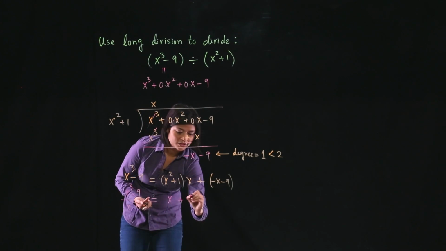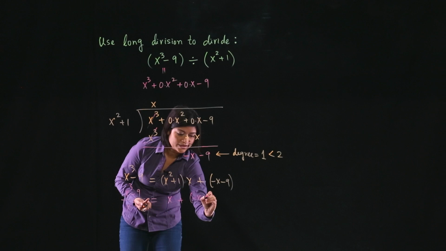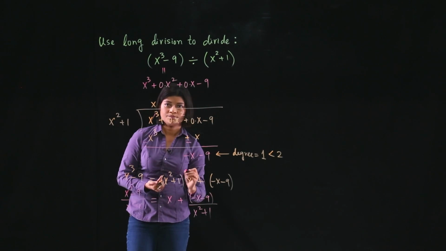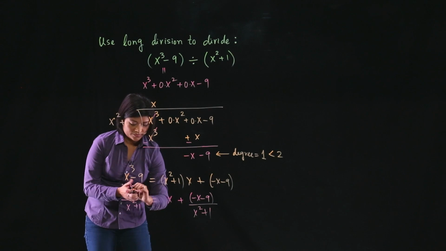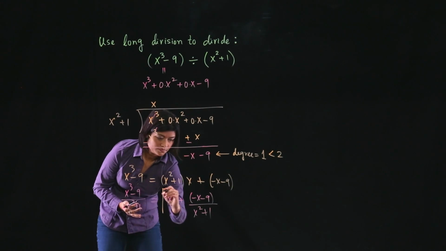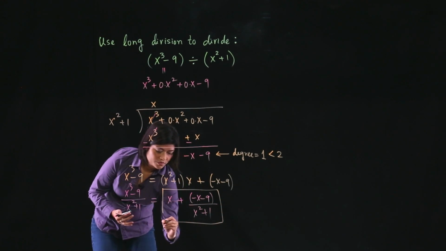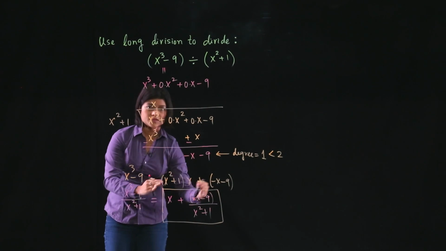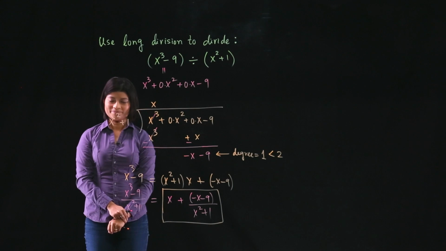And this last term, you will have negative x, negative 9 divided by x squared plus 1. So, this is our answer. When you divide x cubed minus 9 by x squared plus 1, this is the function that we get. Thank you.